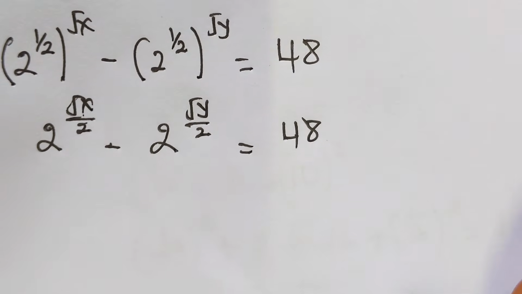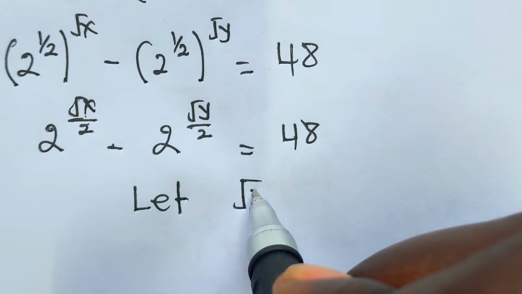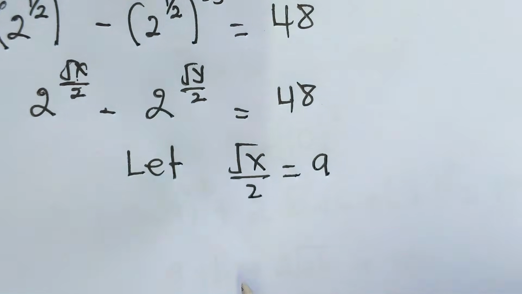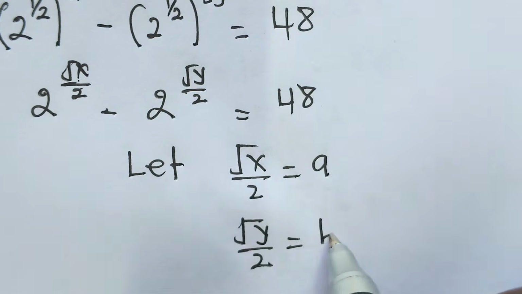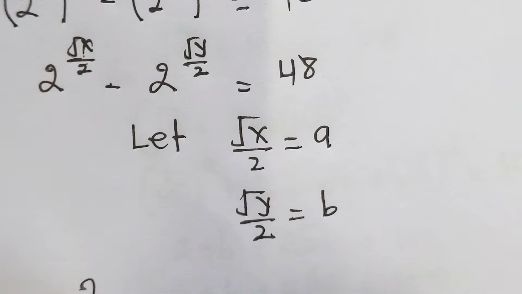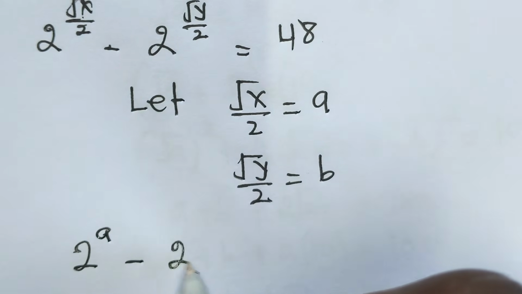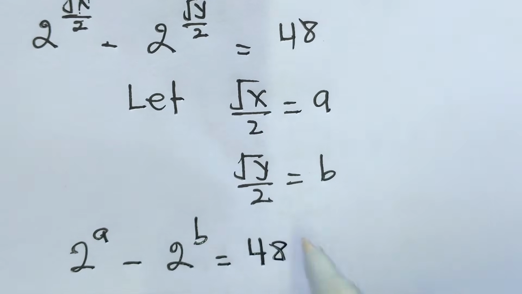At this moment, we can let square root of x over 2 be equal to a, and square root of y over 2 be equal to b. And then we shall get 2 power a minus 2 power b, which equals 48.